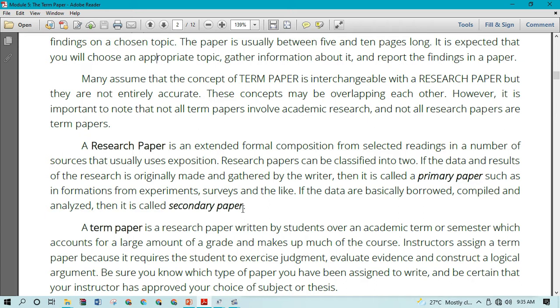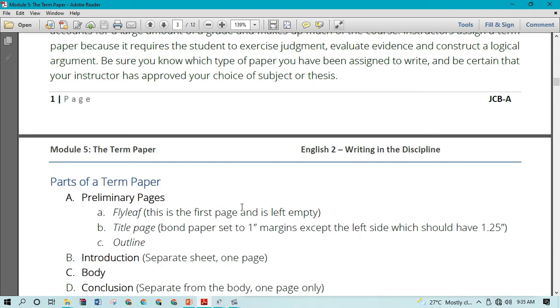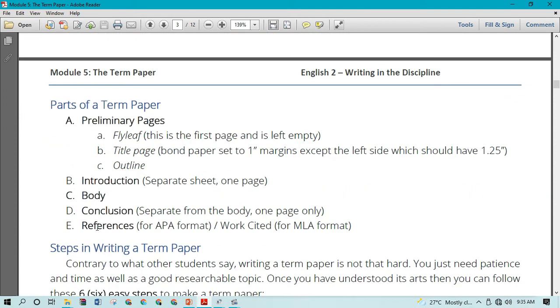So, let's discuss what are the parts of a term paper. We have the five parts: the preliminary pages, introduction, body, conclusion, and references. The preliminary pages have a flyleaf. This is the first page and is left empty.